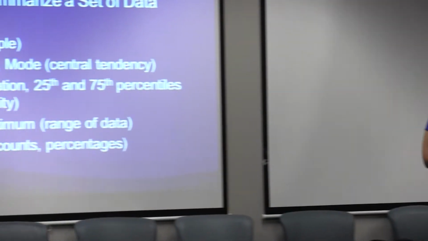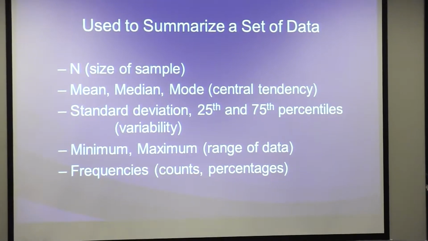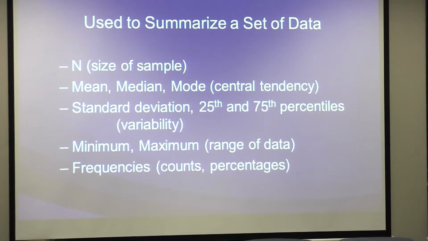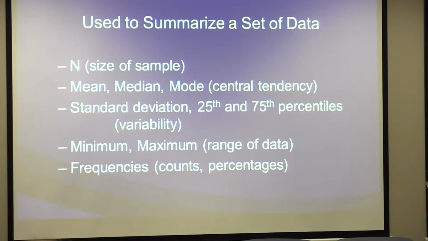And so that's why you really need the central tendency, the mean, and that variability together to get a good picture of what's going on in the data. The 25th and 75th percentiles are just useful in the same kind of way. We'll talk about those more in a minute, as well as the minimum and maximum, which are what they sound like, just the lowest value, the highest value, and again tells you something about the spread of the data.